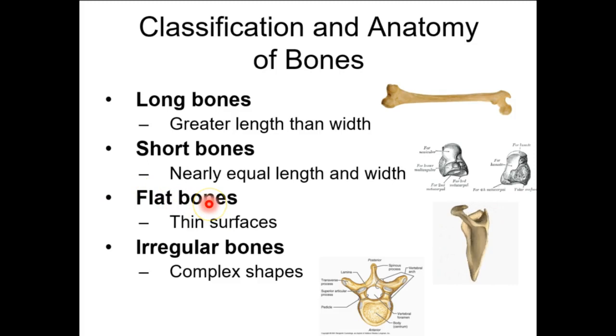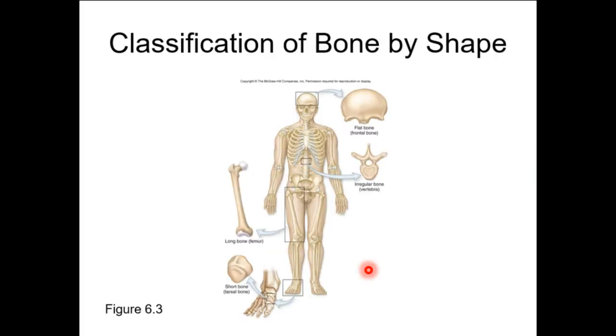Several bones can be considered flat bones, even if they have irregular projections. The body of the scapula is very flat in nature, so we will consider that a flat bone. And then if it doesn't fit into one of these three categories, we'll call it an irregular bone. Bones of the cranium overwhelmingly tend to be flat bones.